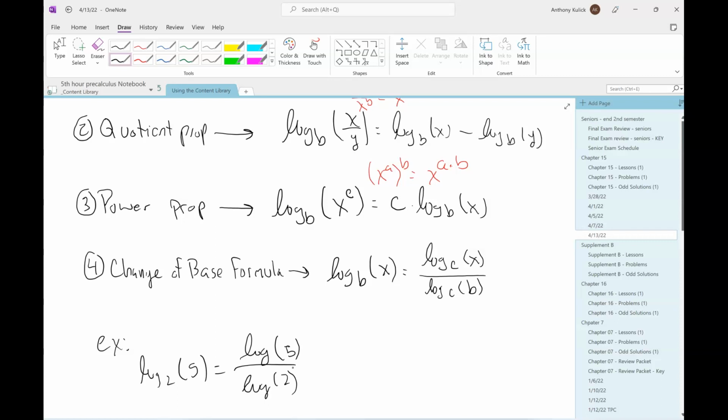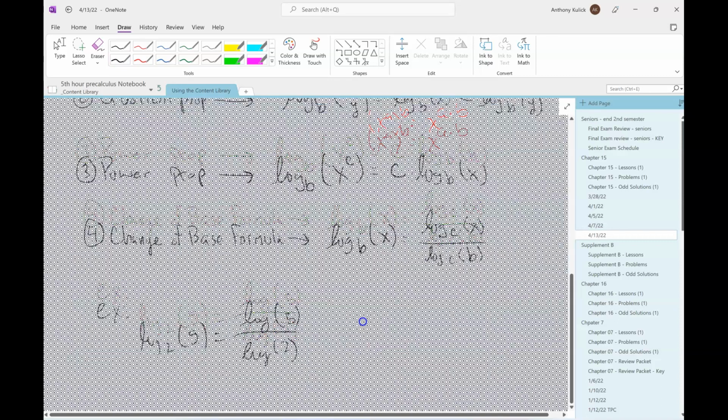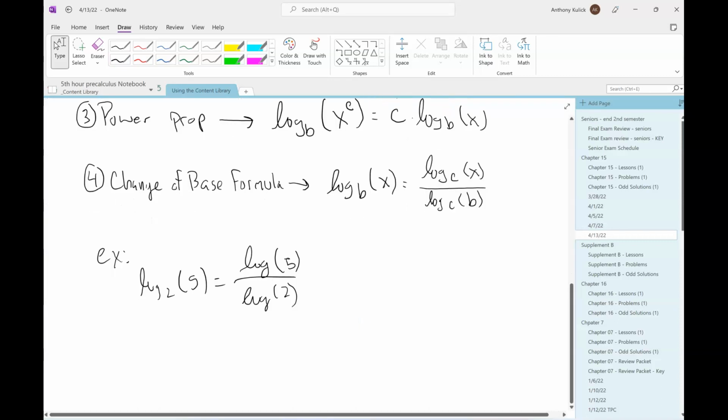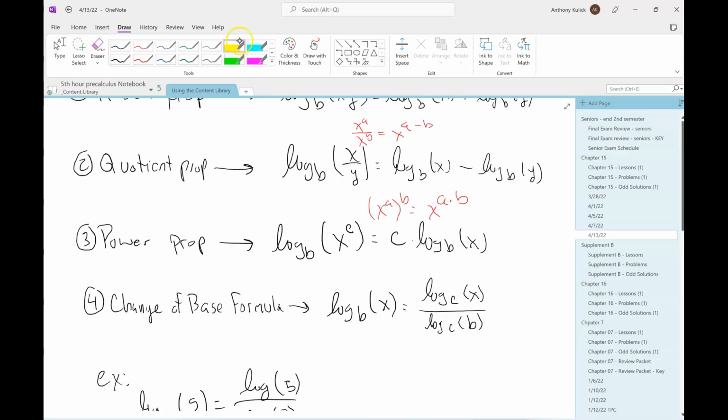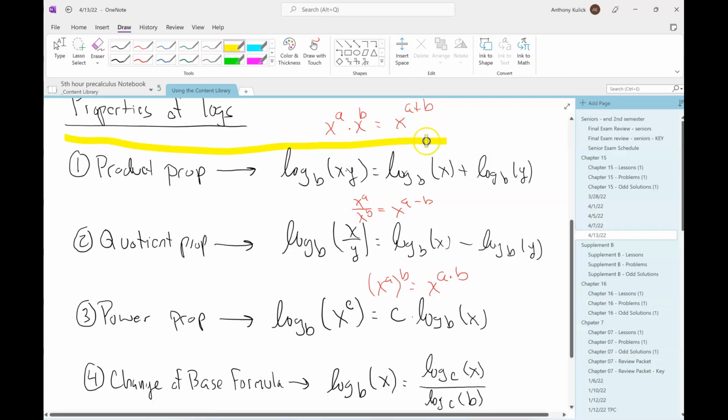So again, you didn't have to look stuff up in a book, but you still had to use the change of base formula every single time you had to do something. So you guys are less tied to that. So the 3 that we're going to see primarily are going to be these 3.